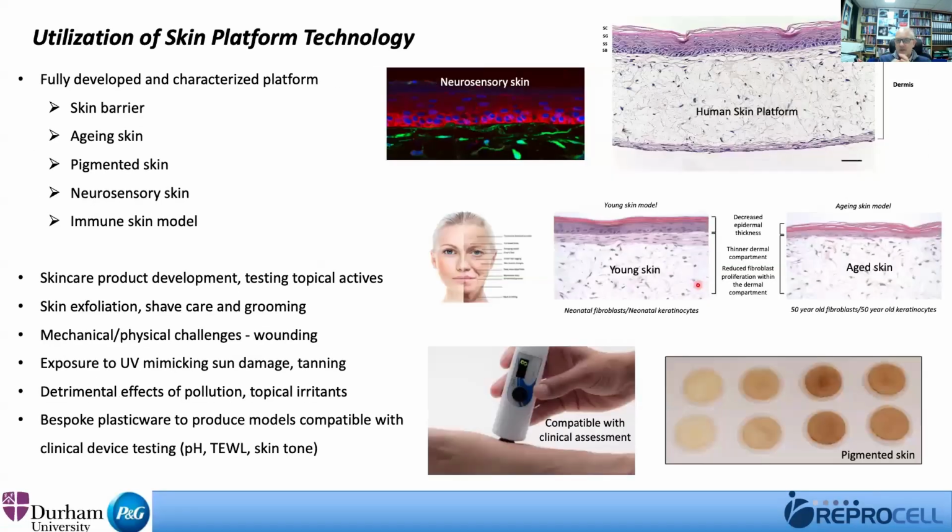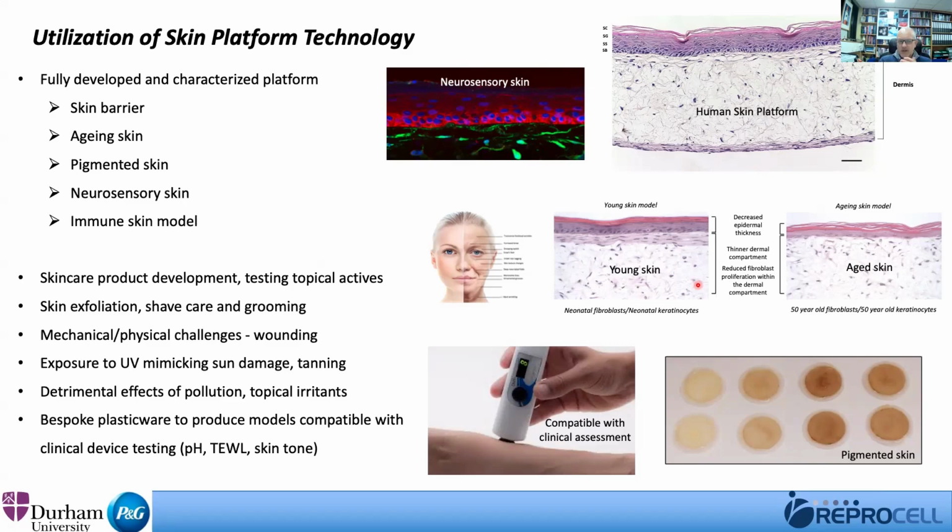Now that we have our skin platform, we can start to introduce complexity. We can introduce cells that enable us to create models of aged skin. We can introduce neurons, immune cells, and pigmented cells, and I shall share with you some examples of this.